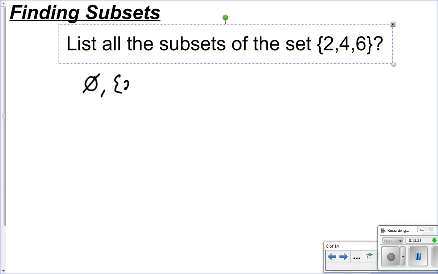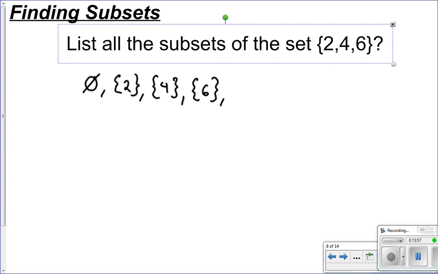So there's 2. And when you're listing it, you have to put the brackets, because remember, the brackets show it's a set. There's 4, 6. Even though there's one element, it's still a subset of the original set, because all the elements in the subset are contained in the original set.